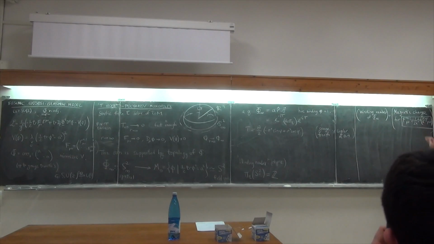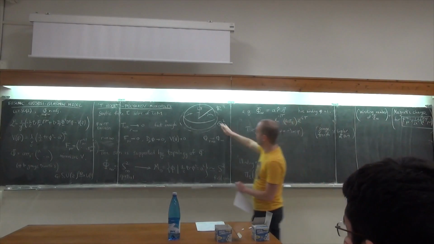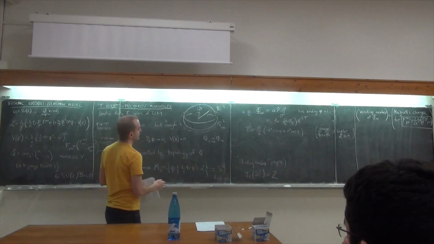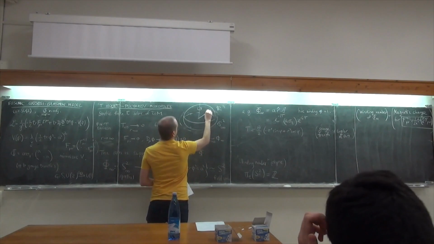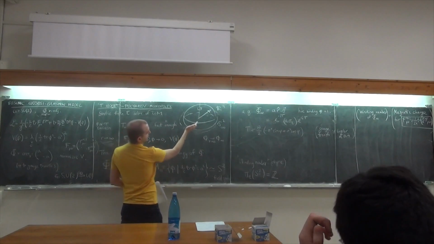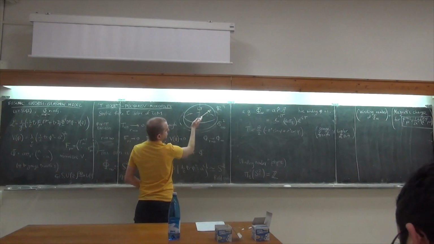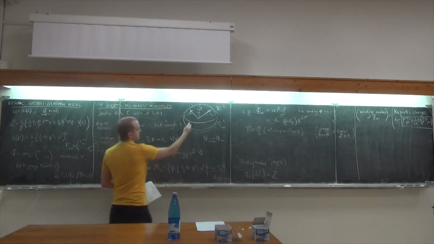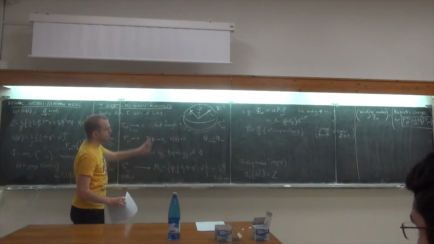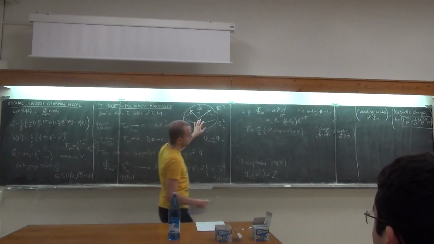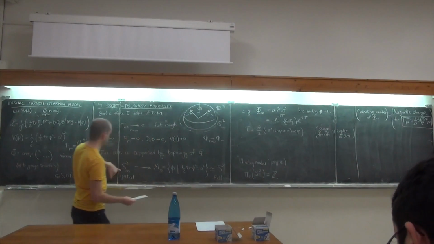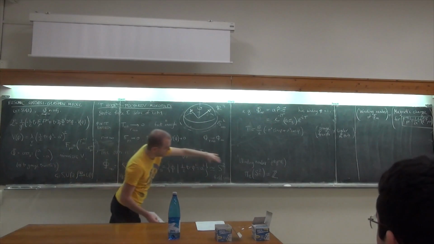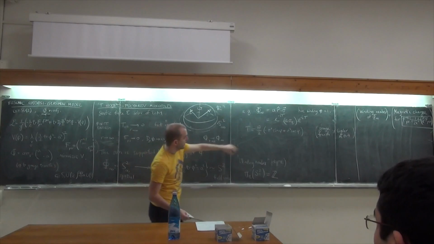In particular, if you pick this choice of the scalar field at infinity, where going to r equals infinity in this direction, phi is oriented in this way, and in another direction, phi is oriented in a different way, you're identifying the rotation on the spatial sphere with the rotation in field space.